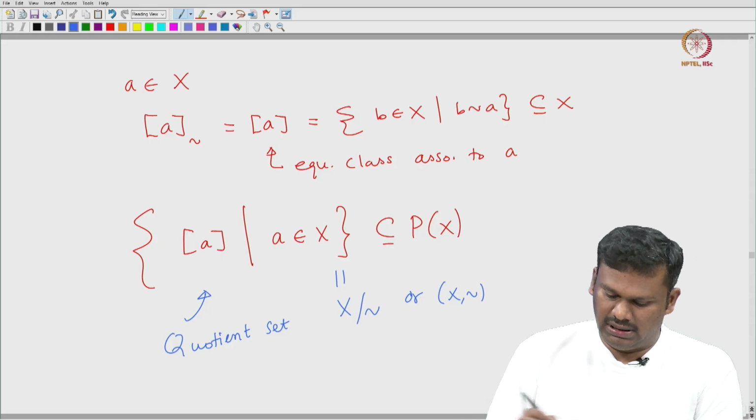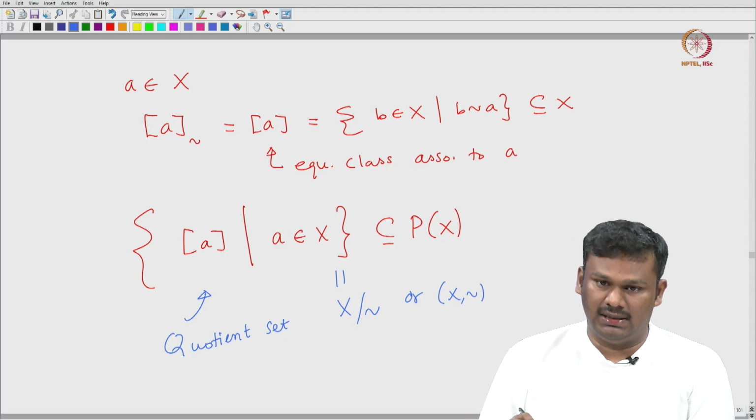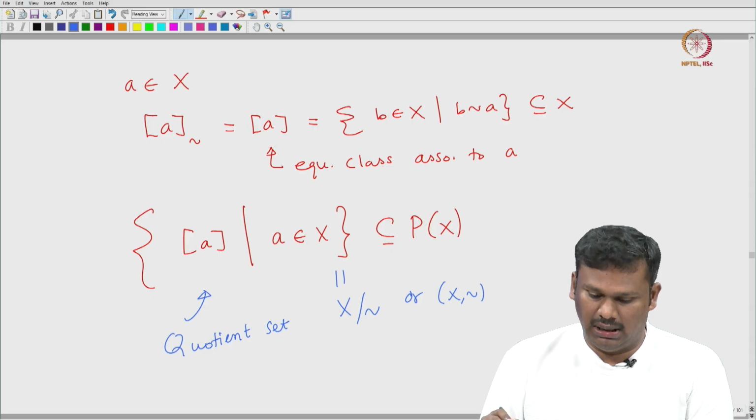So, this is often a very important set that will be studied. In practice, what we need to do is identify this quotient set with something known to us. Okay, that is the most important task in working with quotient sets.